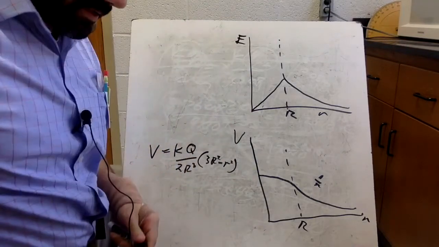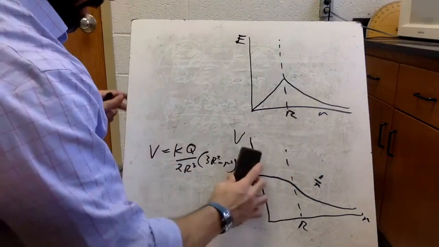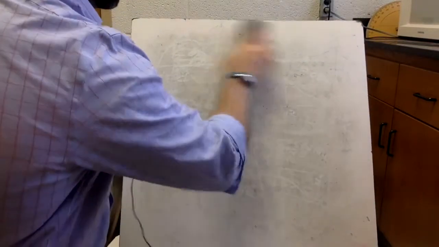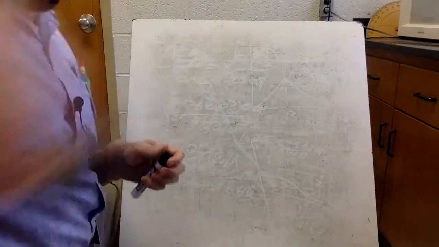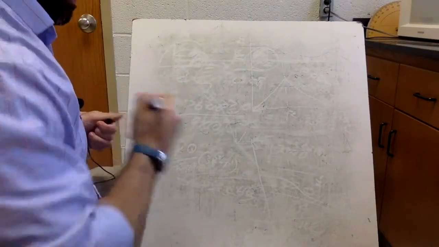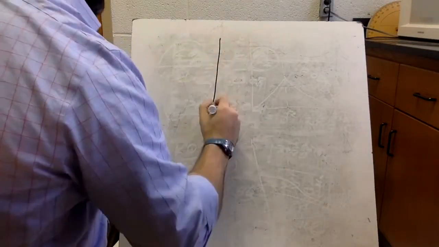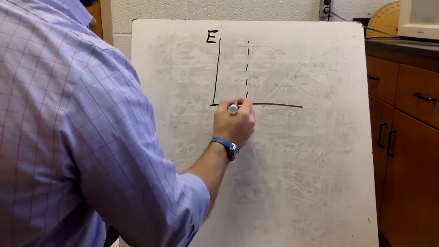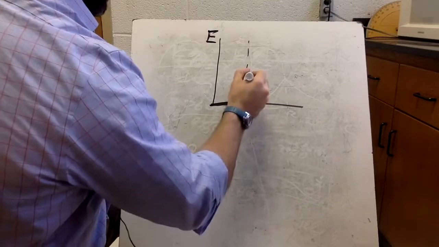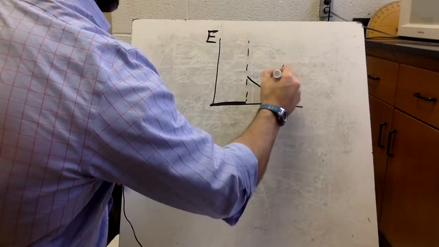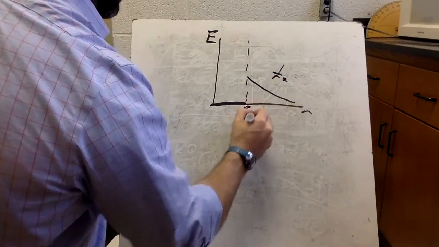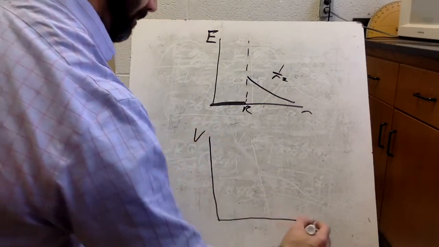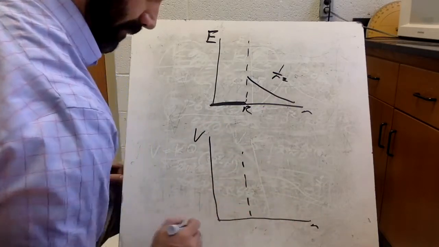All right. Now the next slide says a spherical shell or conductor. If it's a conductor, then all the charge goes to the outside, just like before. So here's the electric field. Inside there's nothing, and then outside, it's proportional to 1 over r squared. What is the potential going to be then?